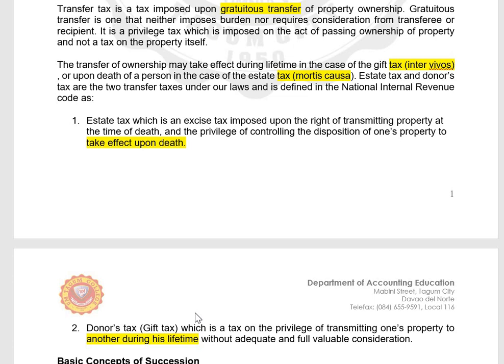So, it is subject to donor's tax. Transfer of property na mag-take effect upon death is subject to estate tax, while the transfer na mag-take effect during the lifetime of the donor is subject to donor's tax.